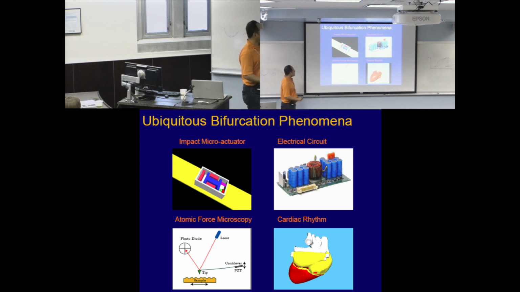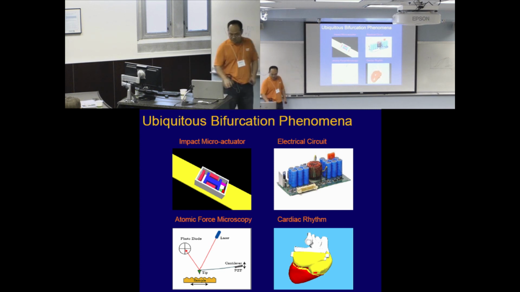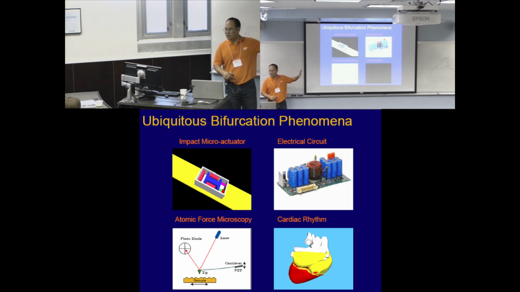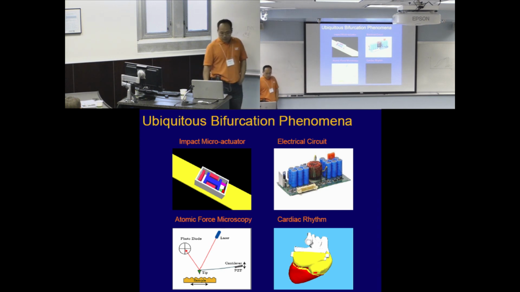In almost any nonlinear dynamic system, it's possible to have a period-doubling bifurcation. I'm just giving you a few examples. These are systems I have studied: the electrical circuit, cardiac dynamics, atomic force microscopy, and the microelectromechanical system. All of those systems I studied have period-doubling bifurcation. So bifurcation is therefore a ubiquitous phenomenon.